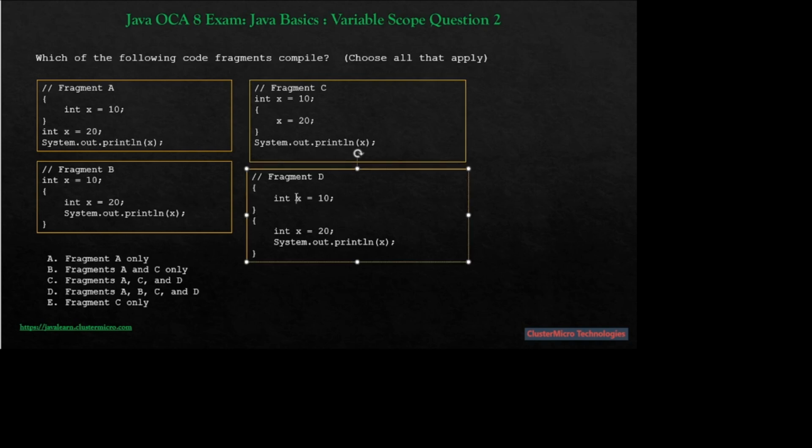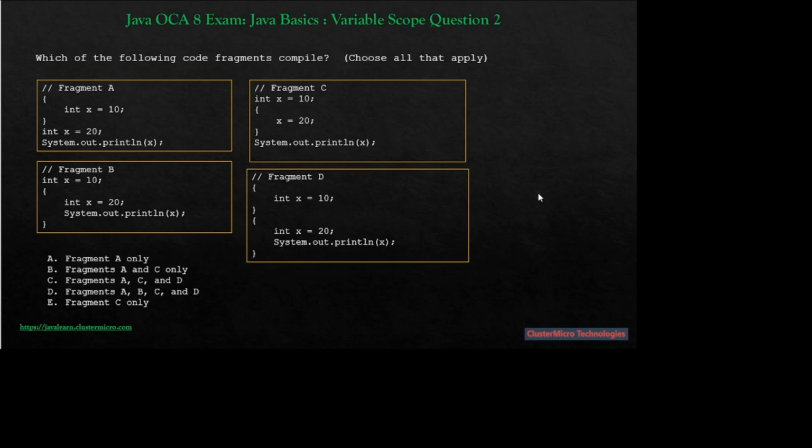Here you see there are 2 blocks, right? After this closing brace, int x will not be known, it goes out of scope, so you can redeclare it here again without any problem. So which ones are correct? A, C, and D. So C is the answer.